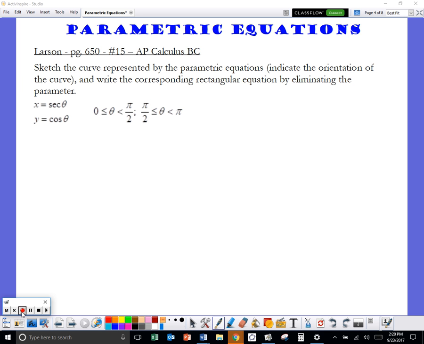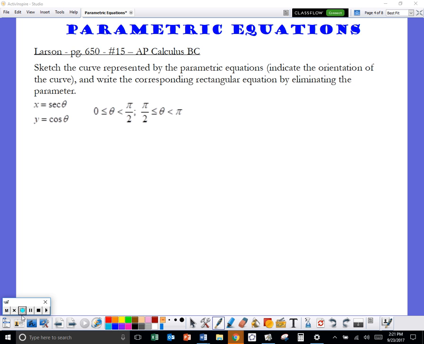If this was just sine and cosine, we might have a better idea. We would use the Pythagorean identities out of trig, but this is not sine and cosine.